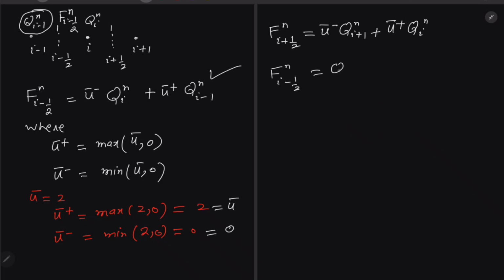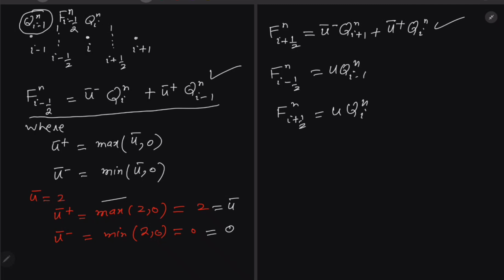We will get u plus Qn I minus 1, and from here we get fn I plus 1 half. When we have u bar greater than 0 for both the fluxes, at I plus 1 half u minus is 0, so we get u Qn I. So you can see that we can recover the upwind method by defining u plus and u minus and defining the equation like this.